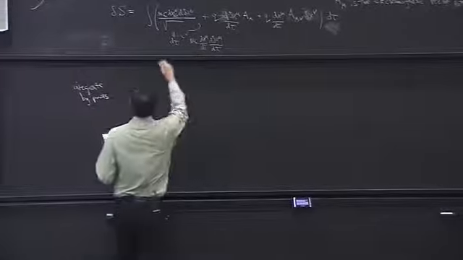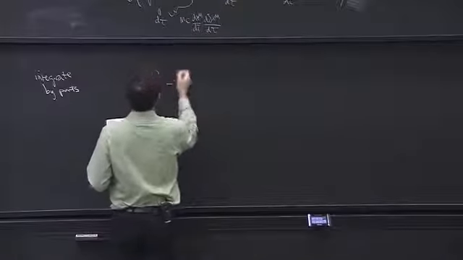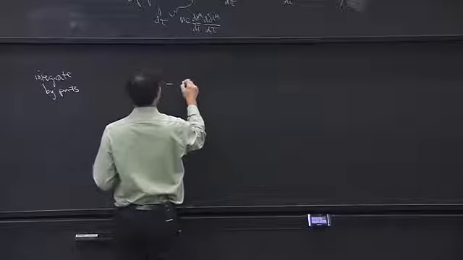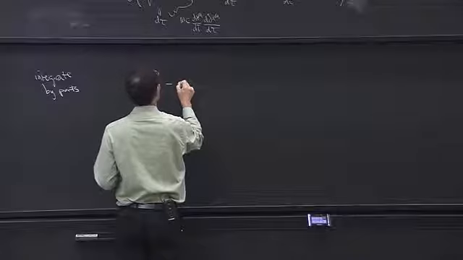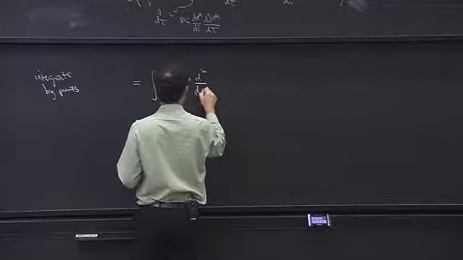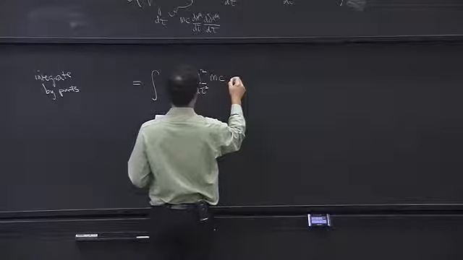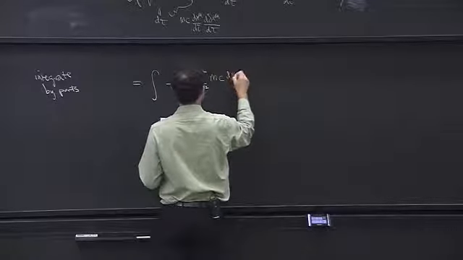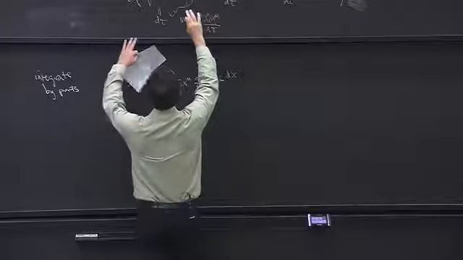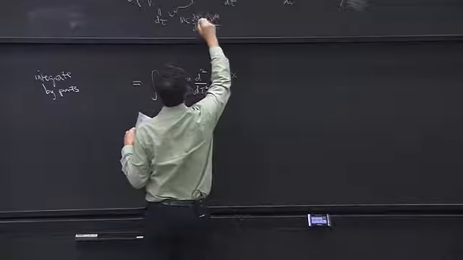And what I'm going to get is equal to integral minus, integrating this by parts, I get delta x^μ times d² by d tau squared, mc dx... well, one of these indices should be down. Let's put that one down.